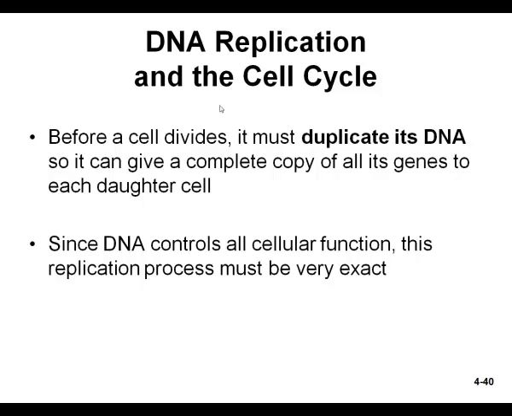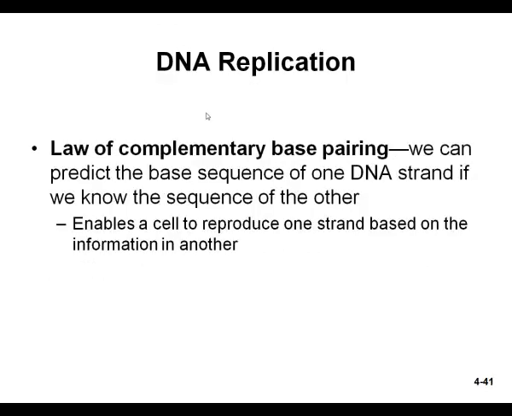The DNA is the core. How do you multiply that? You remember the DNA has two strands, and we use a law called complementary base pairing, where we separate the two strands of the DNA from each other, and then you use each strand as a template to build on.